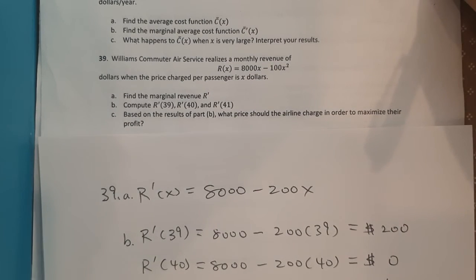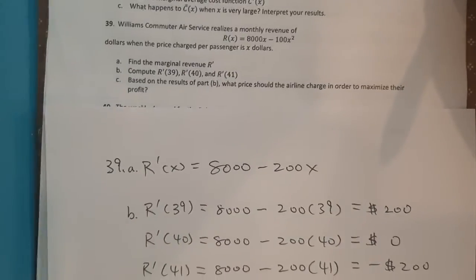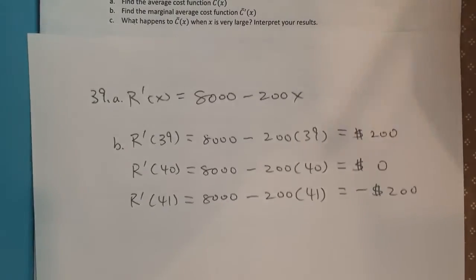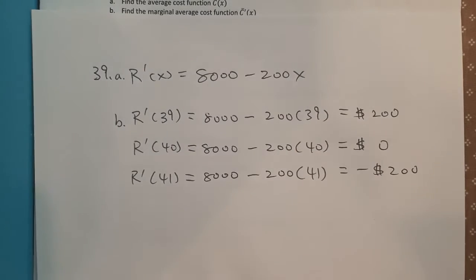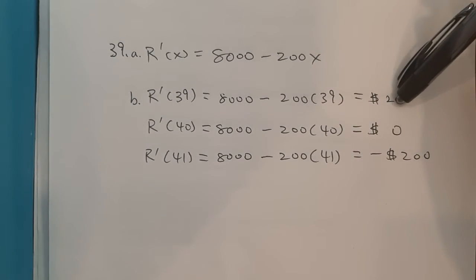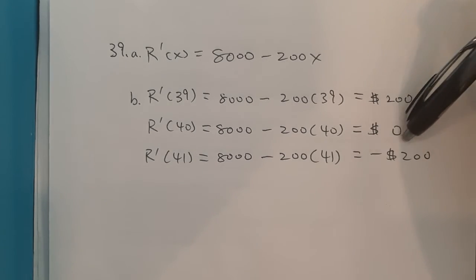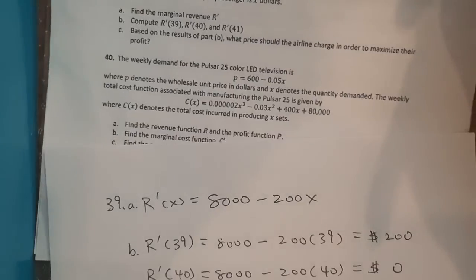So part C is based on the results of part B. What price should the airline charge in order to maximize their profit? So remember the R prime, that represents the change in the revenue. So in this case, we want no change in the revenue to maximize the revenue.